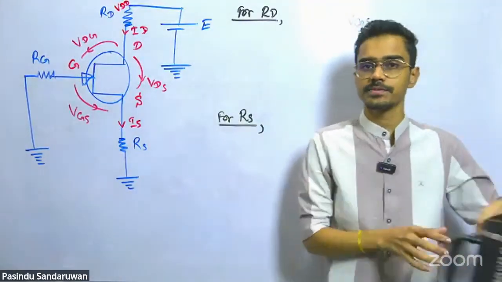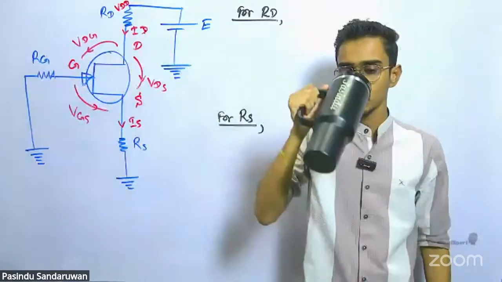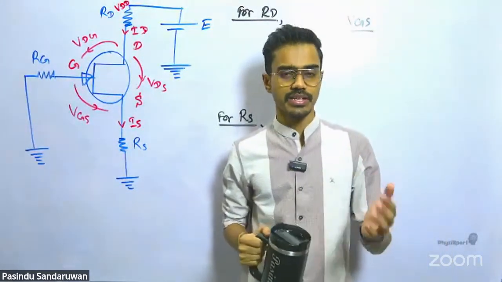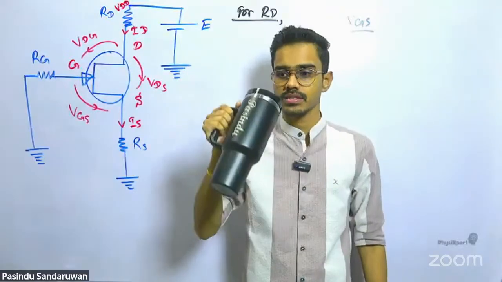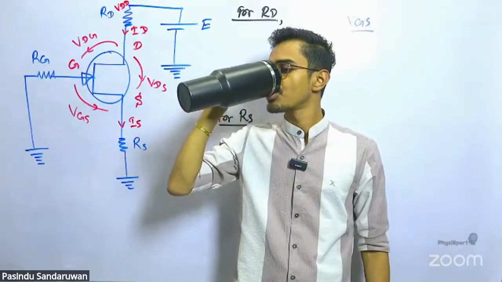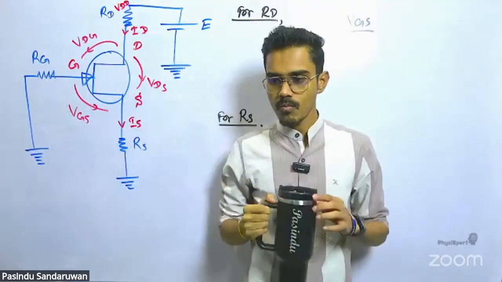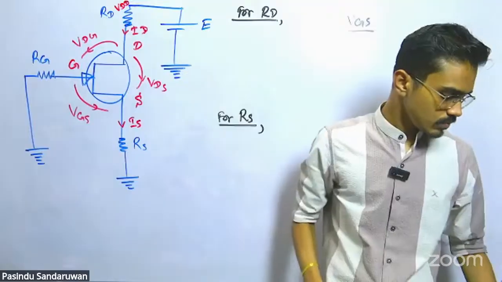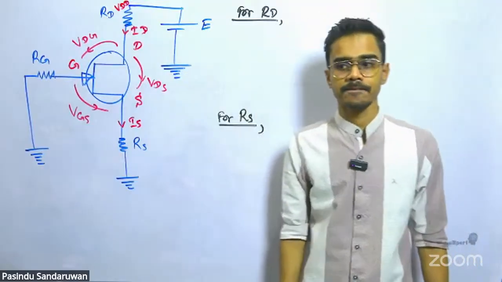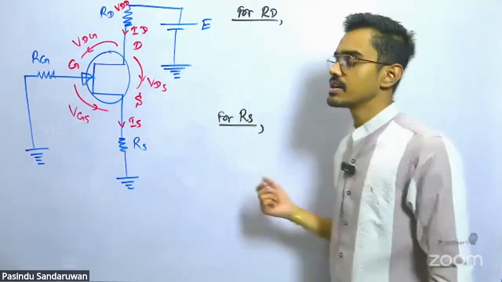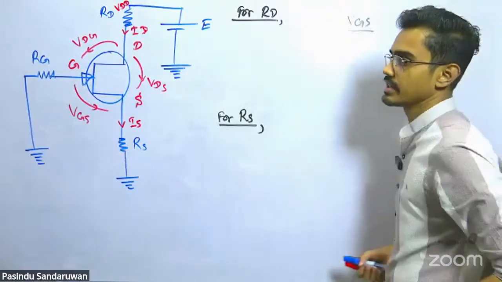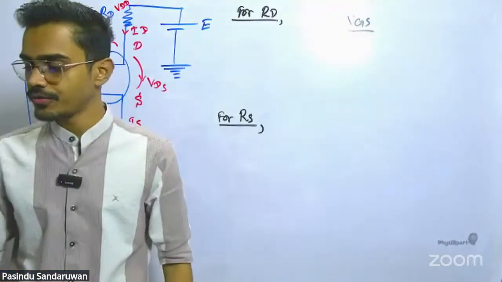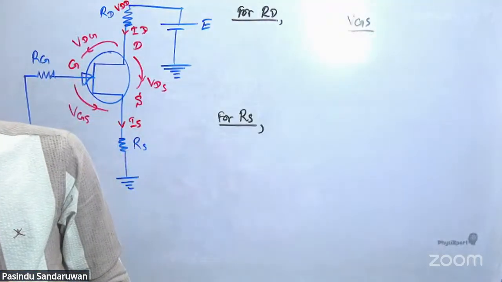VGS is the potential difference between gate and source. Then tell me what's the final answer you got for this. I need the final answer for VGS. That's what we need.